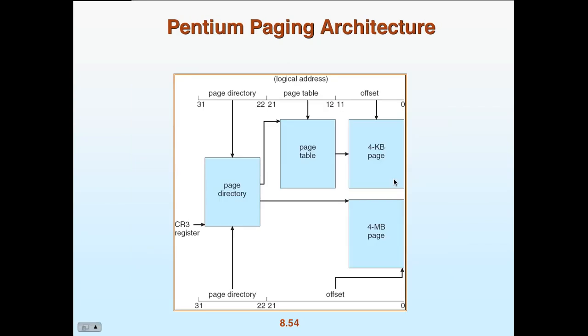Here's a Pentium paging architecture where we have a page directory. And the page directory has a page table, and inside of the page tables we've got the offsets. We can nest them, we can have a hierarchical page table with this as well. But all memory is organized with page tables or segmentation tables in terms of the concept.